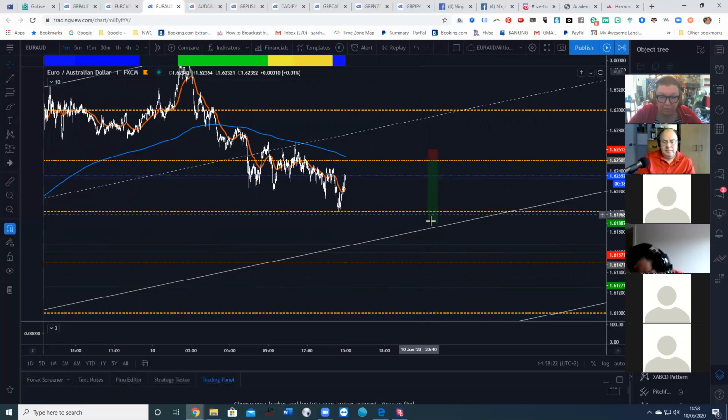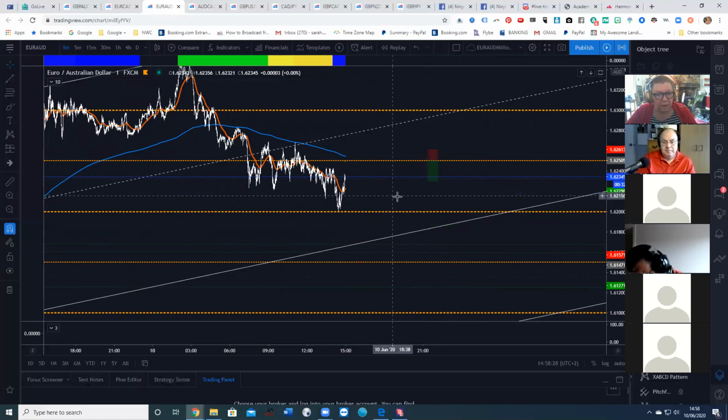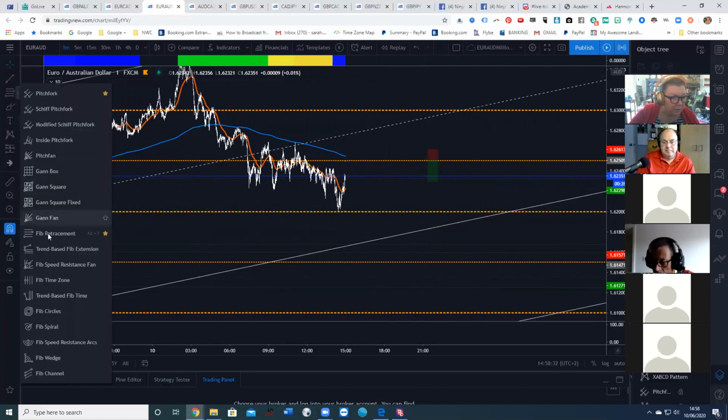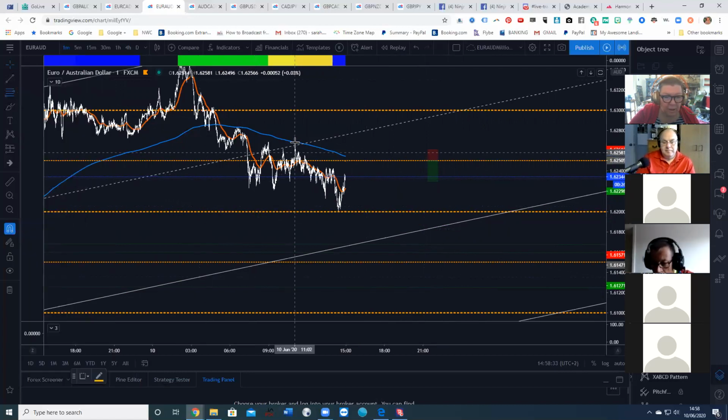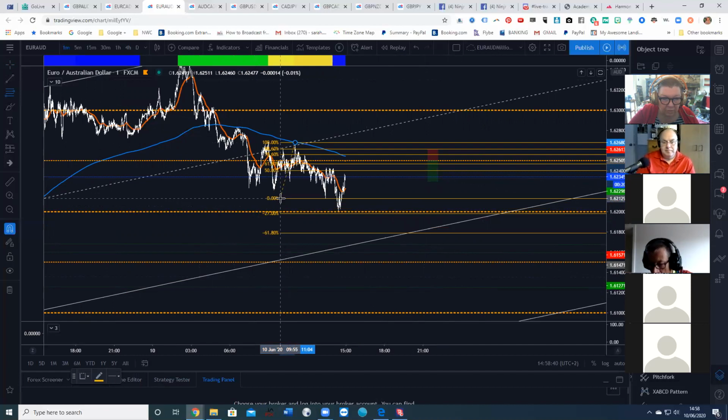God, my Zoom's gone slow. Stop it. I'll just set it up there for a minute though. So if we put the fib on now from that high where it's just hit the 15-minute, down to that previous low, then it needs to come up.